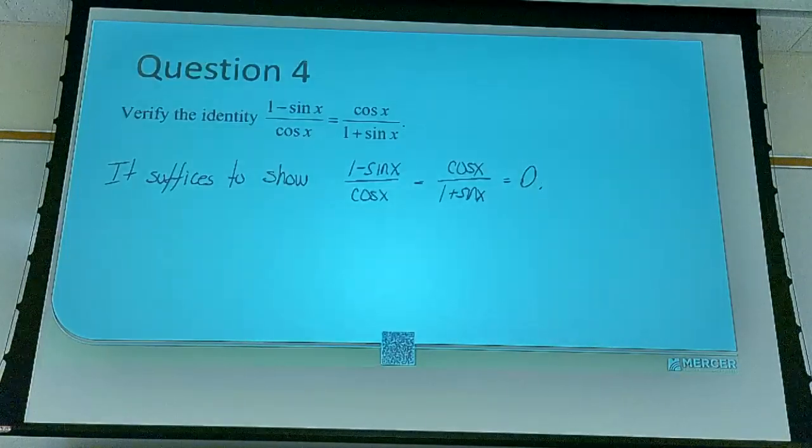So you can show they equal 0 and they have to equal each other, right? So that is another technique that can be used. It may sometimes be easier. I think in this case it's easier to do it this way. So this is actually now what we're working towards. So that difference is 0.